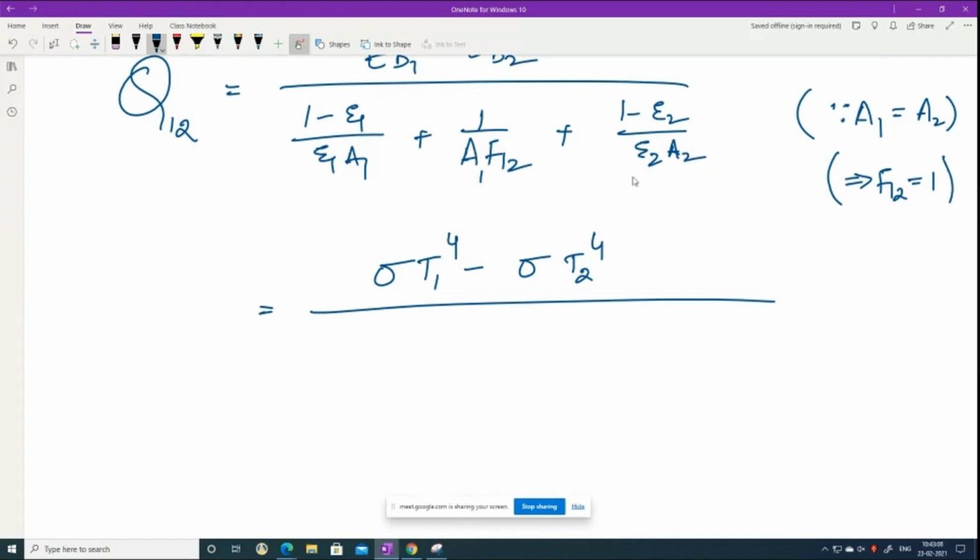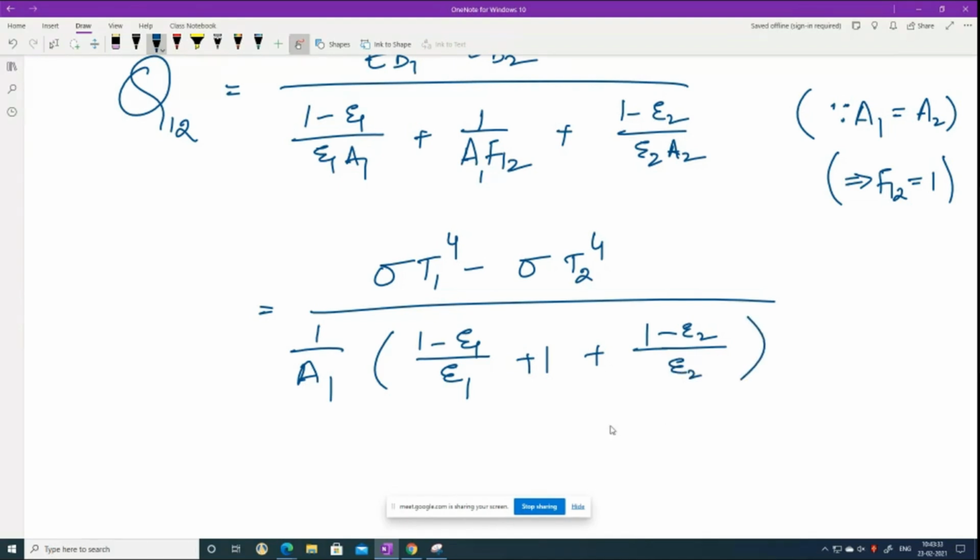Okay, so if that is the case, I can take the area common. 1 by A1 I will get, 1 minus epsilon 1 by epsilon 1 plus 1 plus 1 minus epsilon 2 by epsilon 2. This is what you get.